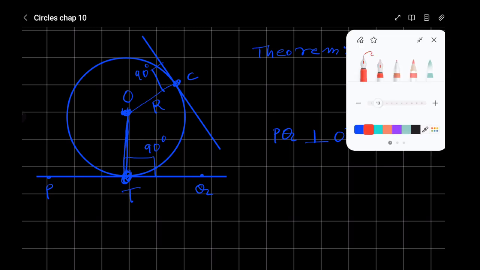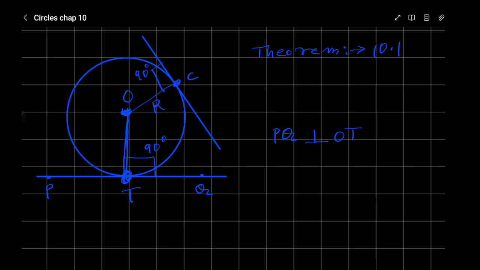Is that clear? This is PQ and this is OT, which is a radius. So now we have seen a very, very important theorem. Let us go a little bit further and try to solve a few questions.